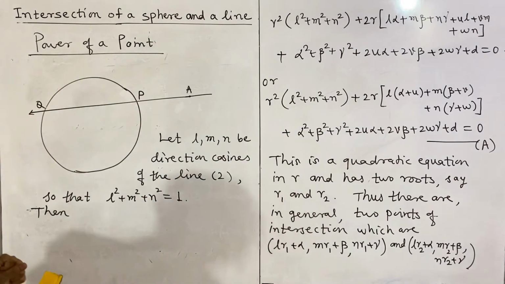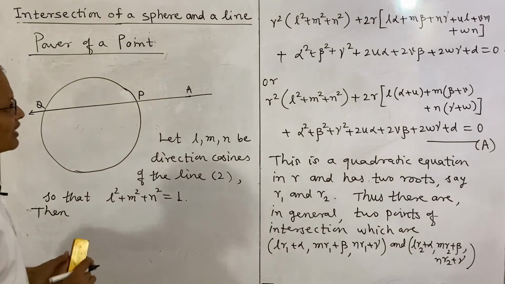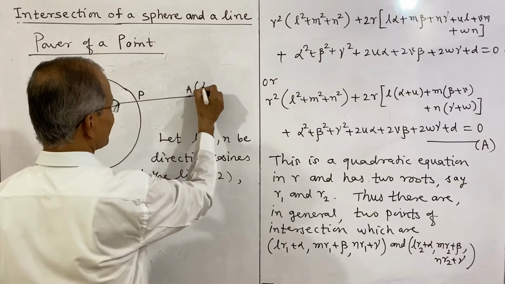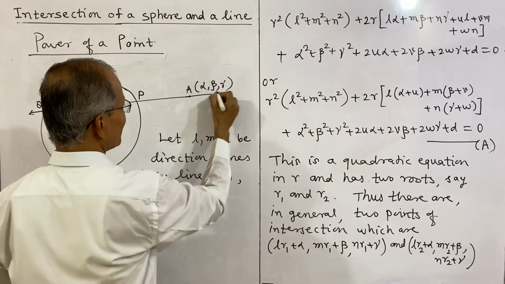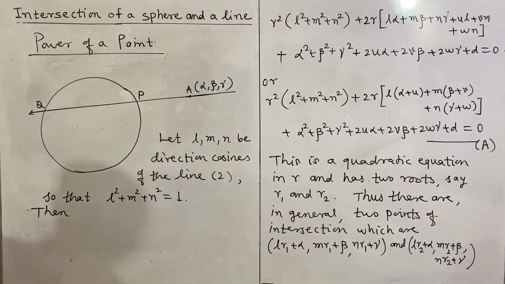Then what we will have is, what is the distance AP? So the coordinates of A are alpha, beta, gamma. We have already considered the line passing through this point A, alpha, beta, gamma.